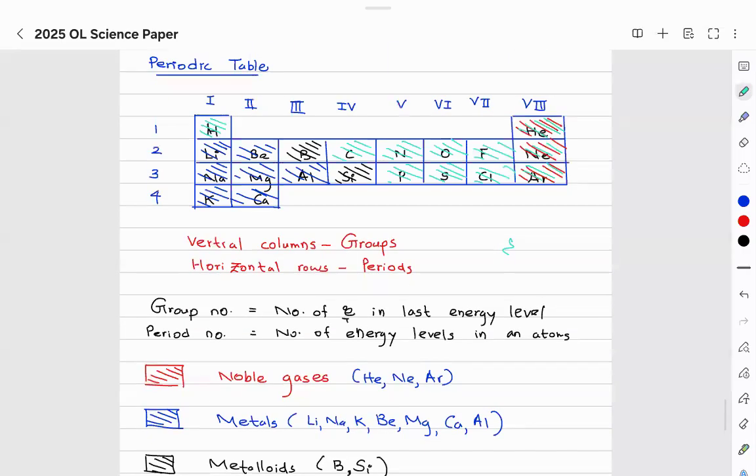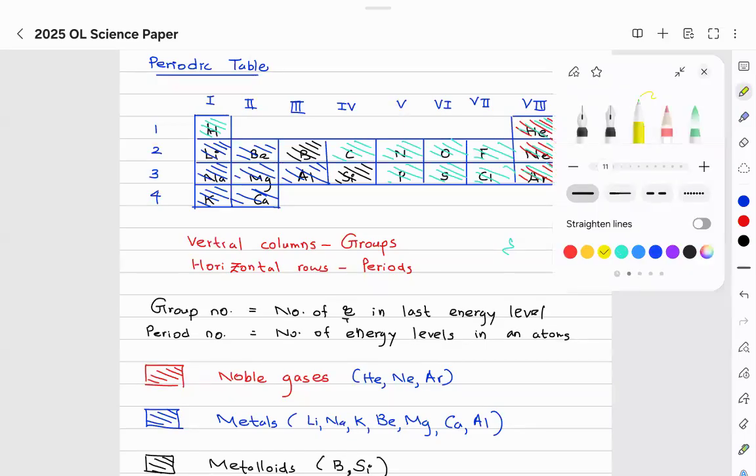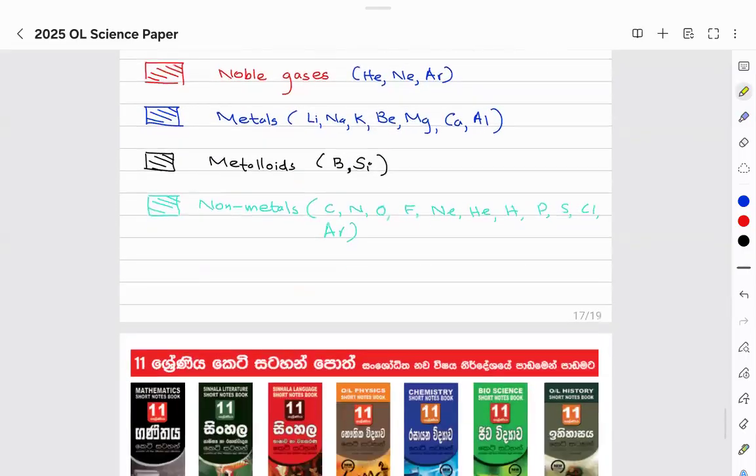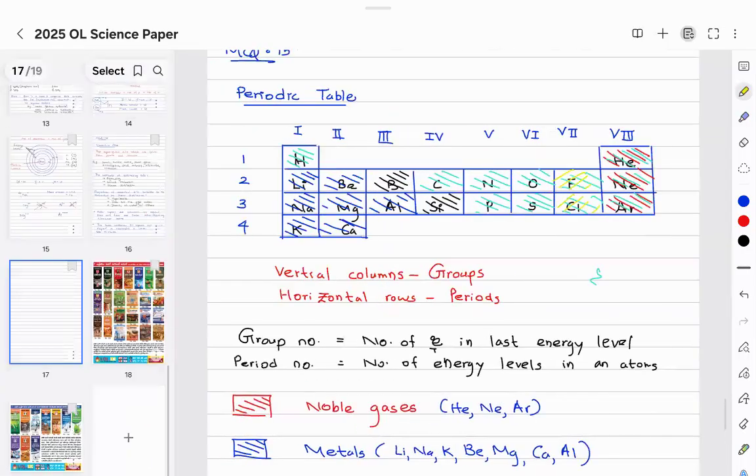And halogens, who are the halogens? Have you heard about halogens? Who are they? Fluorine and chlorine, they are halogens, okay?